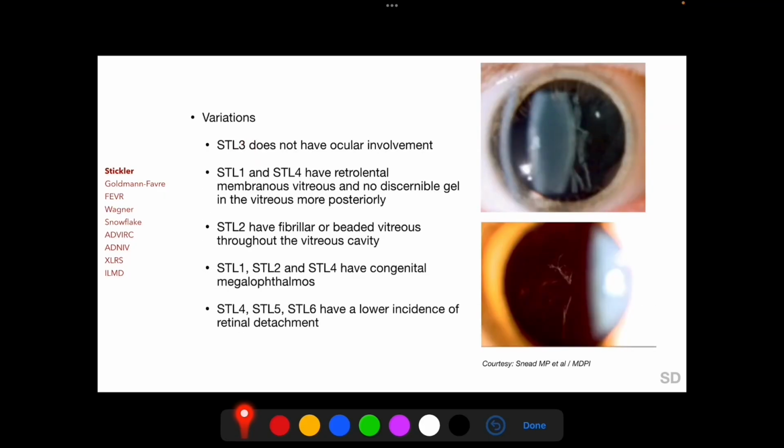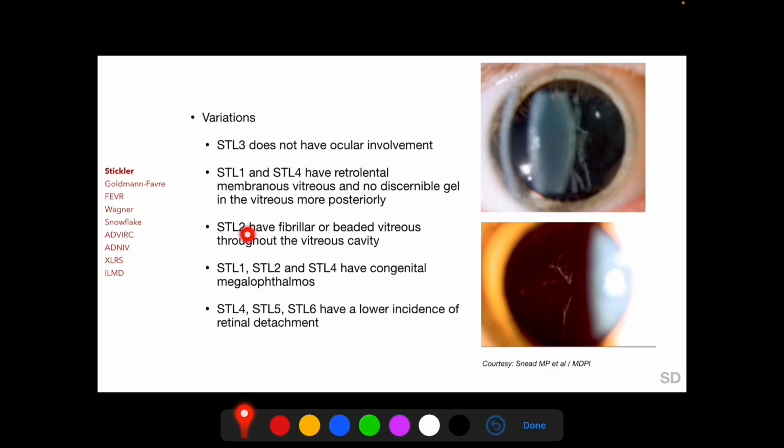Type 3 Stickler syndrome due to mutation in the collagen 11A2 gene does not have any ocular involvement. Type 1 Stickler syndrome due to mutation in the collagen 2A1 gene, and type 4 Stickler syndrome due to mutation in the collagen 9A1 gene have retrolental membranous vitreous as seen here in this clinical photograph, but no discernible gel in the vitreous more posteriorly on slit lamp examination.